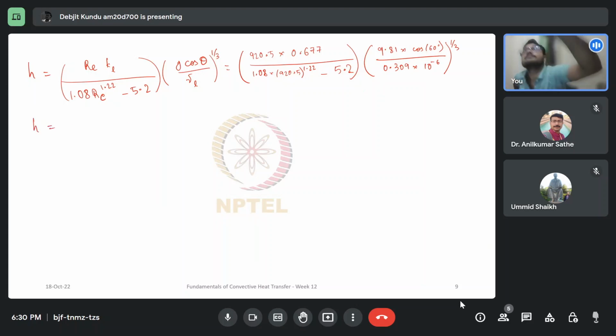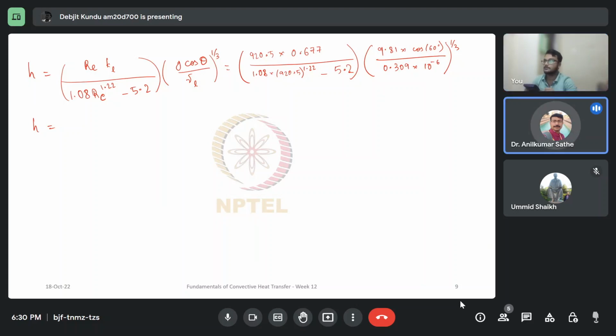Okay, so I will get my calculator. 920.5 to the power 1.22, multiplied with 1.08.